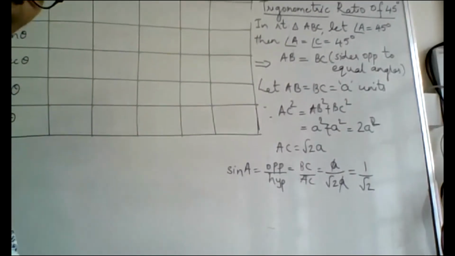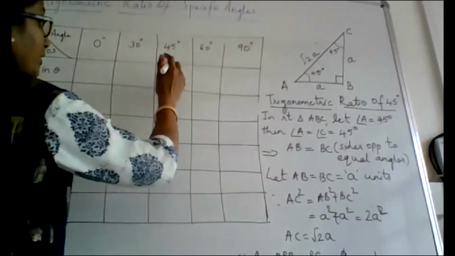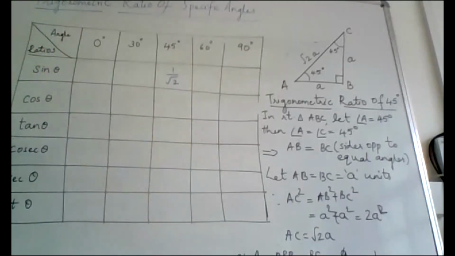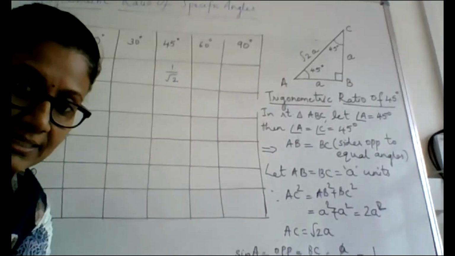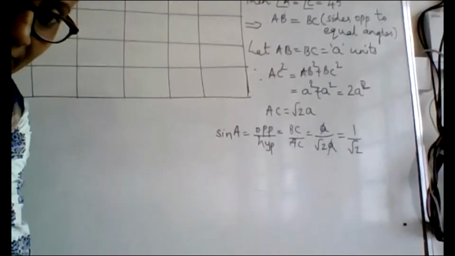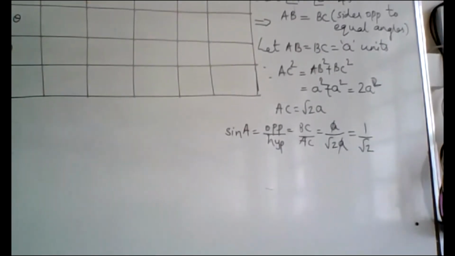Now I will go back to my column here. So I found out sine of 45 as 1 by root 2. You will enter it there. Got it? Now similarly, I will go to cos of angle A. Whenever you find out one specific angle, you will go back to the tabulation and write it there.